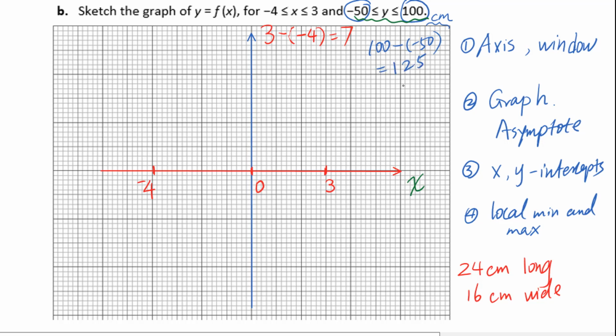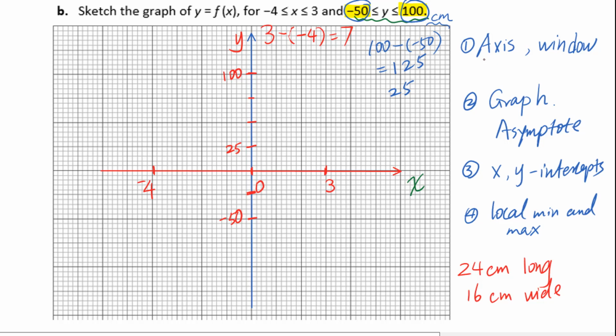We will use 25 as 1 unit. Make sure -50 and 100 are clearly labeled. So this is 25, and 50, 75 or 100 here. Label as 100. -25, -50. This is 1.